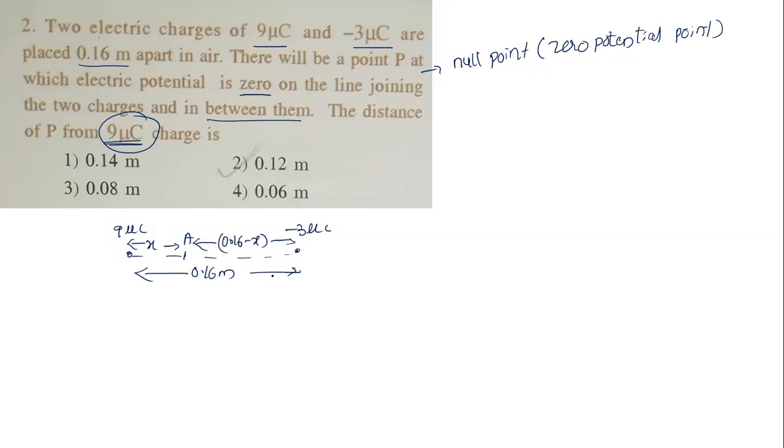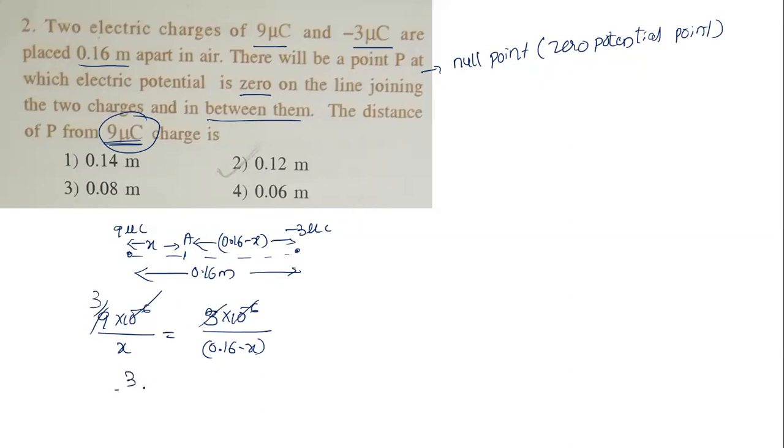I've given the concept directly. I'll write now: 9 into 10 power minus 6 divided by X is equal to 0, plus minus 3 into 10 power minus 6 divided by 0.16 minus X. This is going to cancel, the 3 times is going to cancel here.